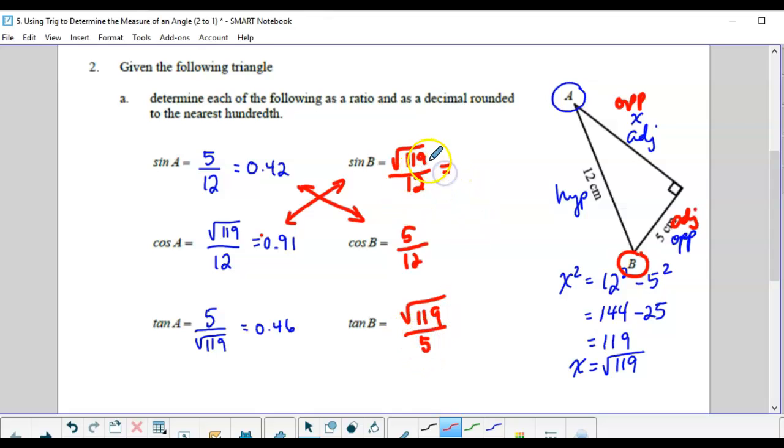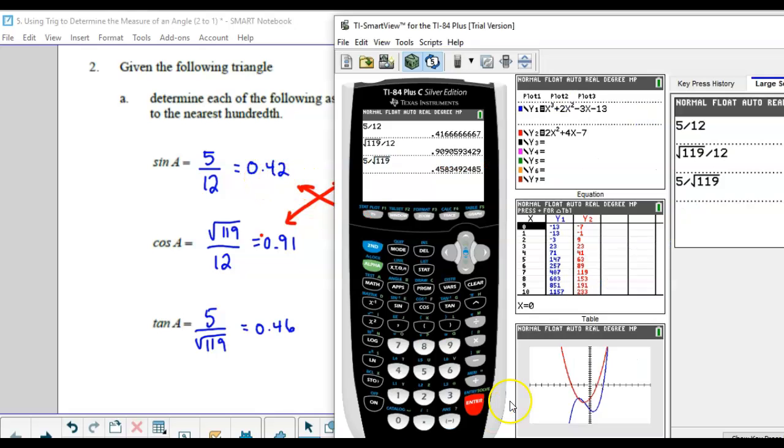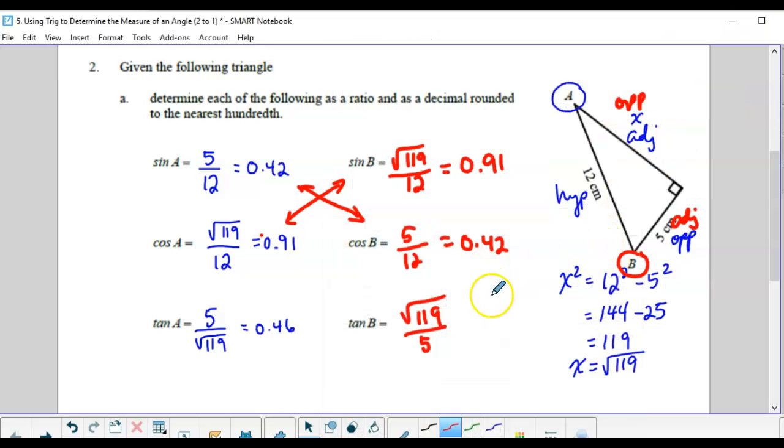So this is the same as cosine of A, so we know that's 0.91. This is the same as sine of A, so that's 0.42. And then just need our calculator for the last one. Square root of 119 divided by 5, 2.18.